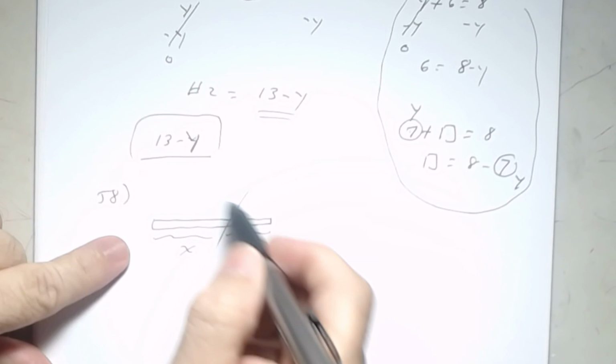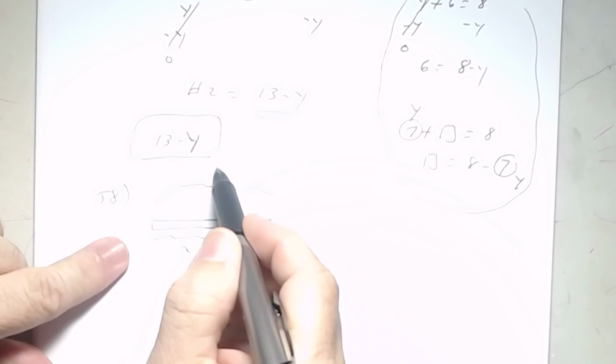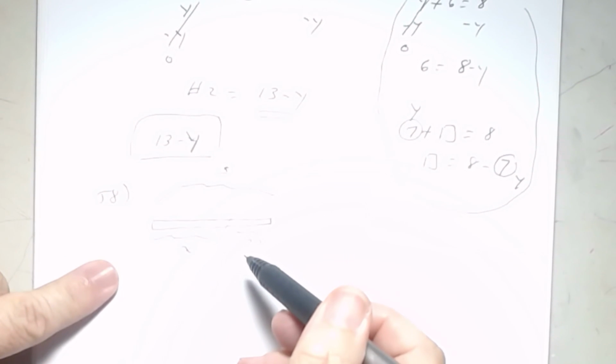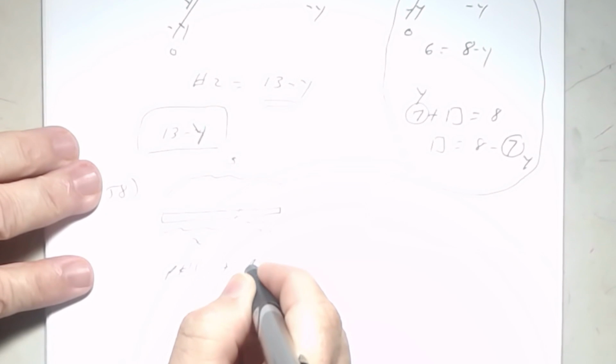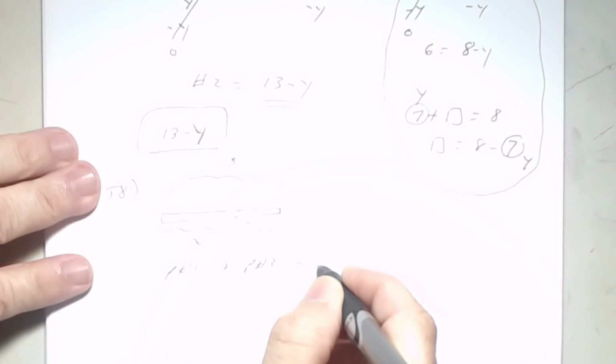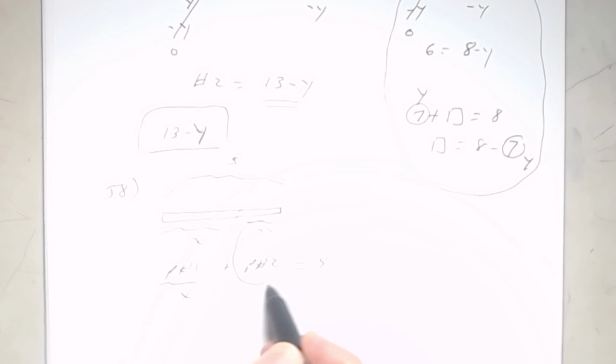So if those 2 pieces, what does that 5 right here represent? The length of both pieces, right? So it's kind of like piece number 1 plus piece number 2. What if I said piece number 1 plus piece number 2, that has to equal what number? 5. And they're telling you that one of the pieces has what length? x. So let's say it's this one. And they want to know, that other piece, this right here, what is that going to equal in terms of x?